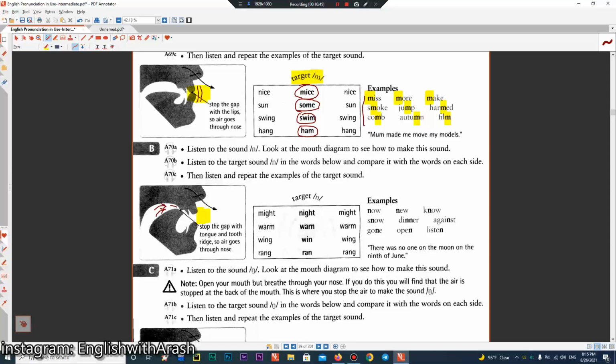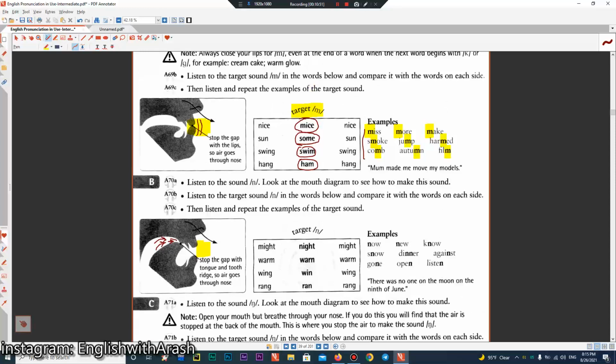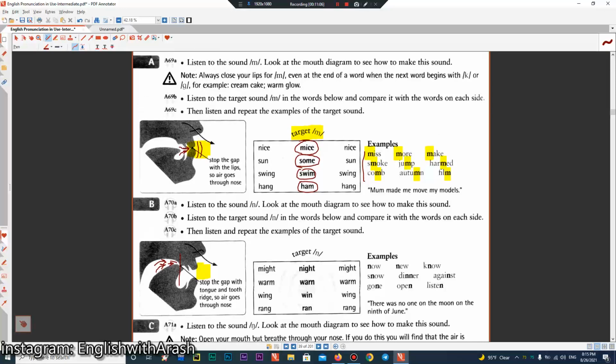Say ne, ne. So air is blocked here. But in me, air is blocked here. But when you say ne, air is blocked earlier back in your mouth. Here it's blocked. But in me, air is blocked here.